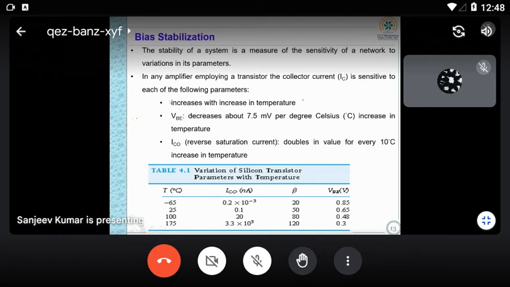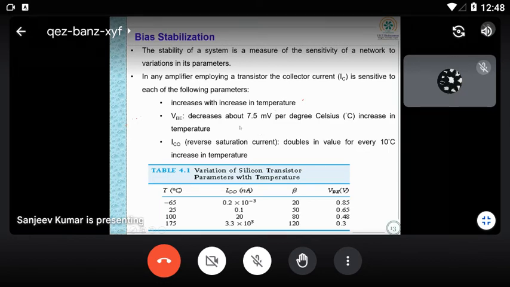Here IC is sensitive to the following parameters, like increase in temperature. VB decreases; we are taking ideal values for all devices, for silicon 0.7 volt. But if there is a change in that value, then stabilization will not be there.